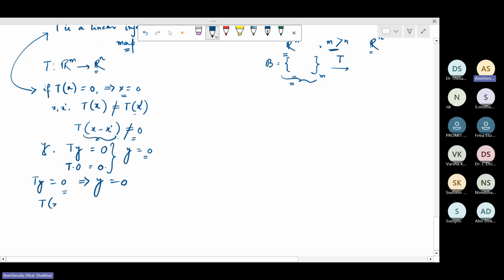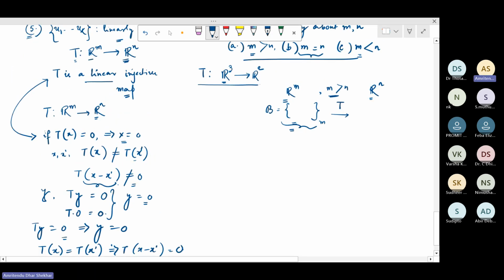Because if T of x were to be equal to T of x prime, then that implies that T of x minus x prime is equal to 0. And this implies that x minus x prime is equal to 0, or x is equal to x prime. Okay. So T being a linear injective map is equivalent to this condition.